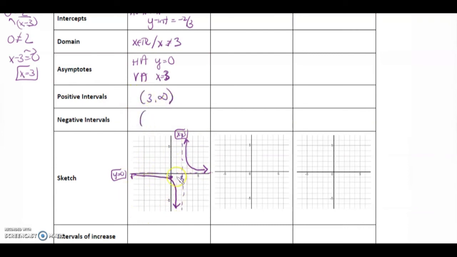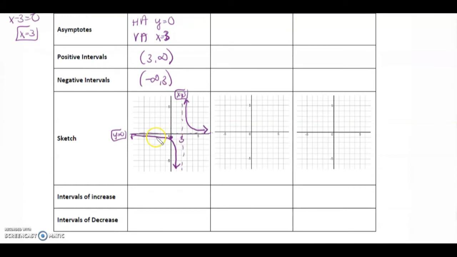Negative intervals is going to be this part of the graph, which is negative infinity to 3. And this is decreasing on x in the reals. Okay, except for obviously where the asymptote is, because our graph is undefined at that asymptote. Okay, and there's no increasing.